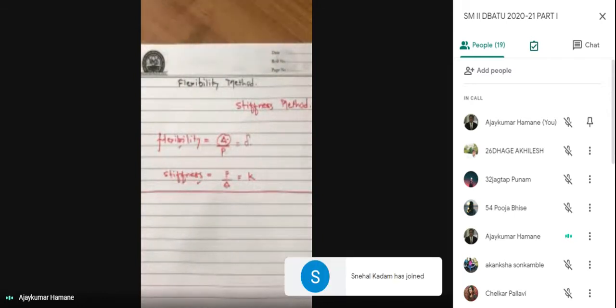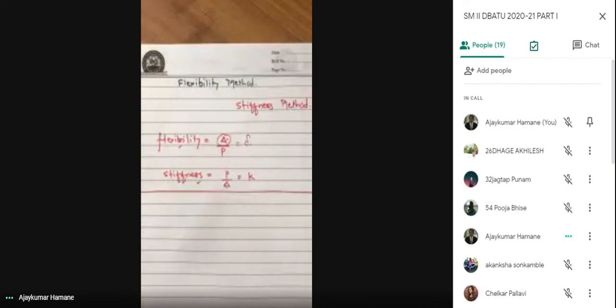So before going to the flexibility method, we'll see one by one how to calculate the flexibility and stiffness.